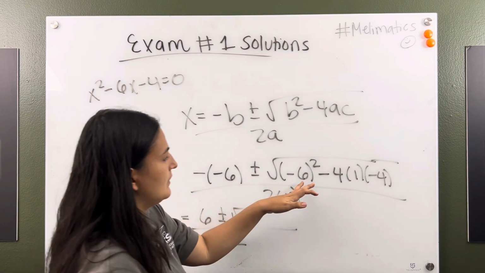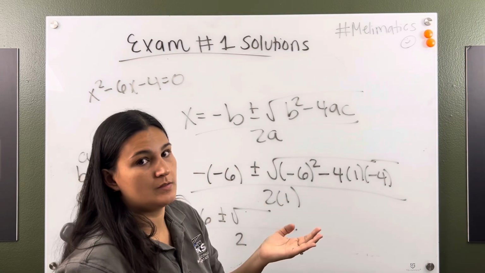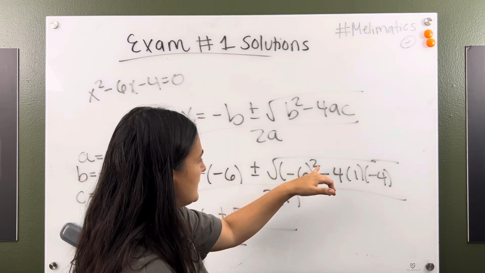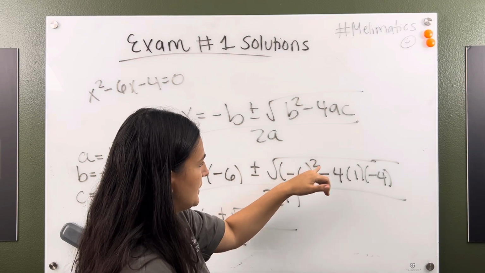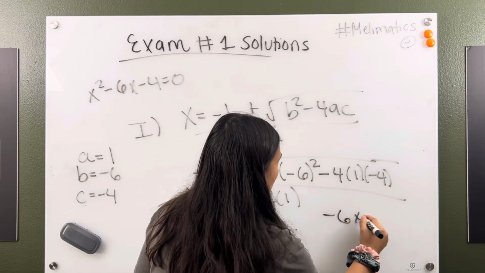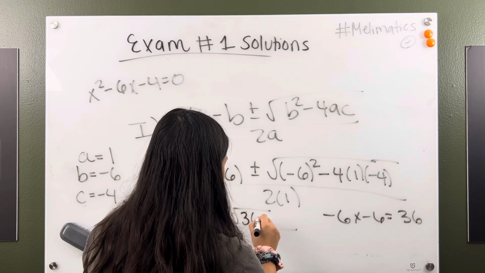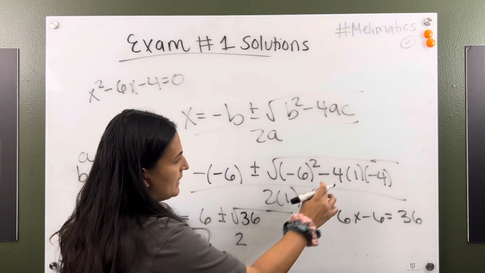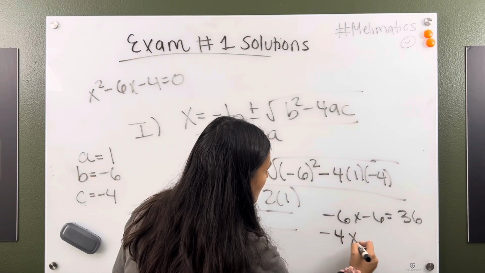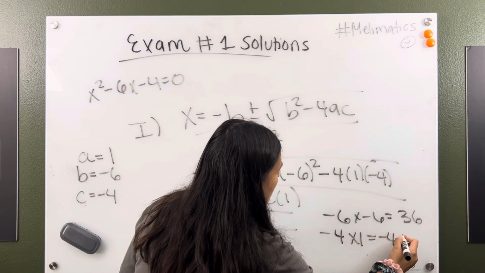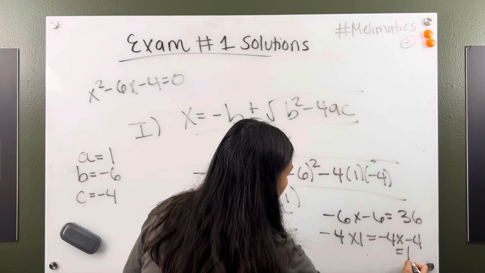Remember that a negative number squared is always positive. So what is negative 6 squared? In other words, what is negative 6 times negative 6? That's 36. Okay, so this is 36. And then we have a negative 4 times 1 times another negative 4. So that's positive 16.